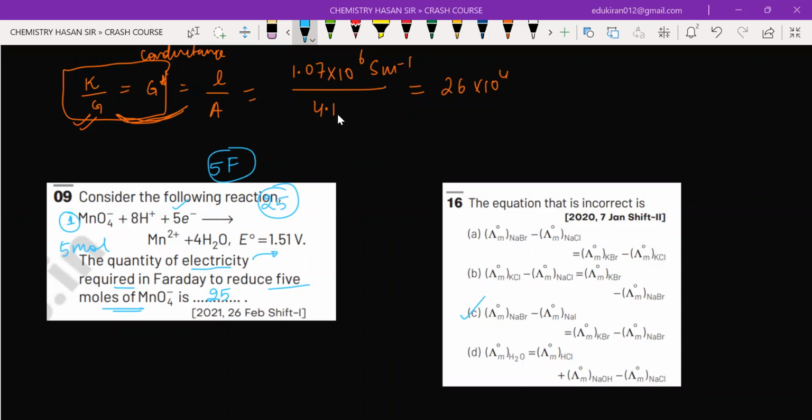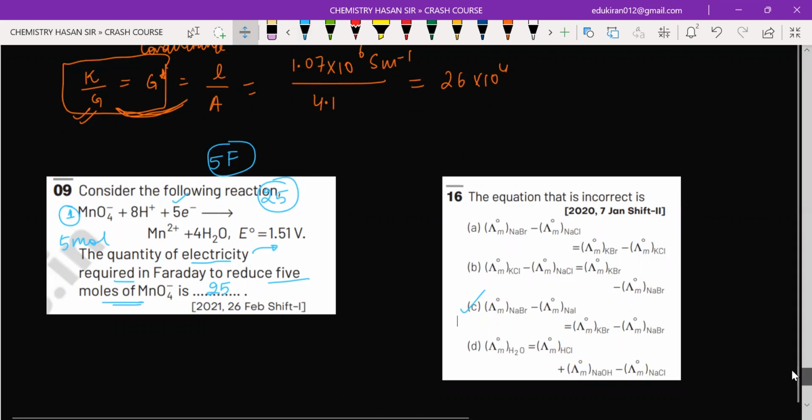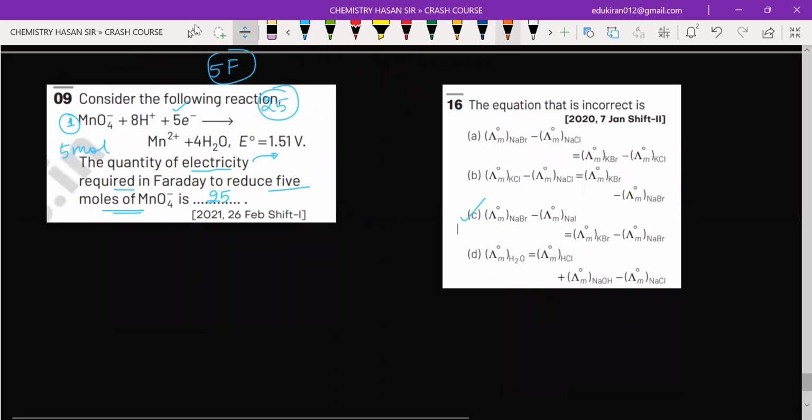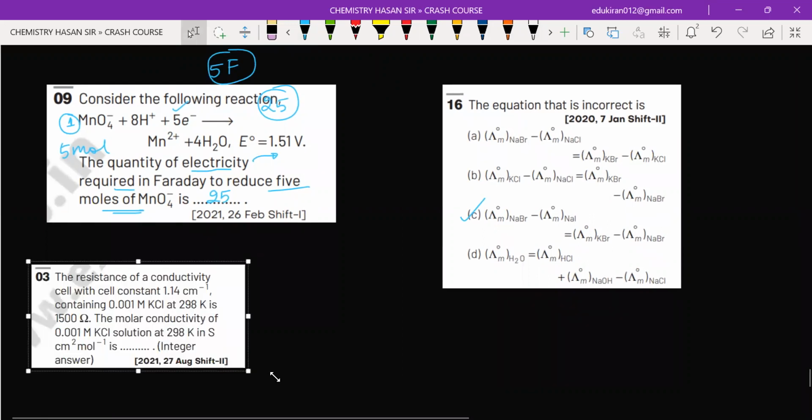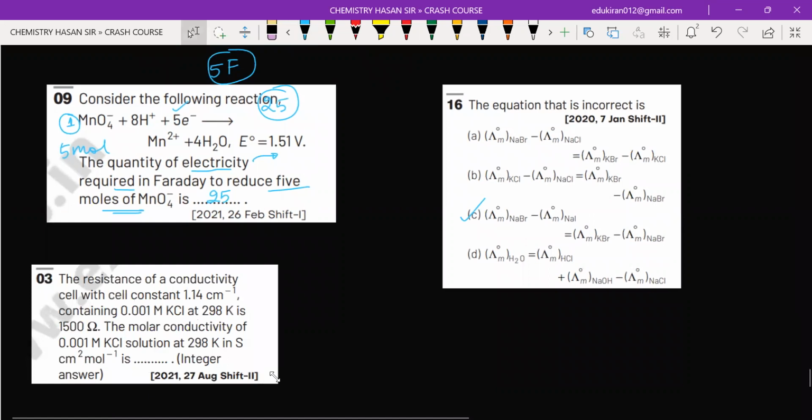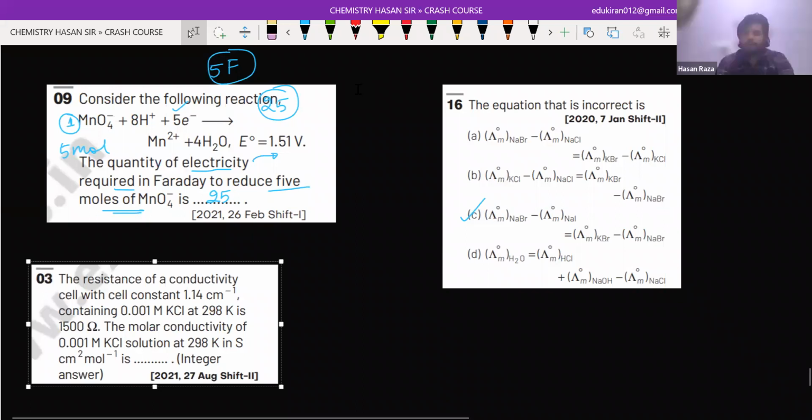Just wait a minute, I'll explain it. The remaining people, please do this. Now I'm going to explain this. It's very easy. You can see which one will be equal to which.